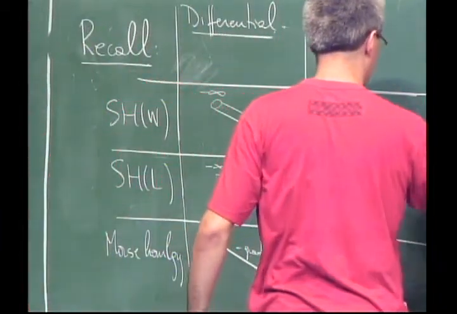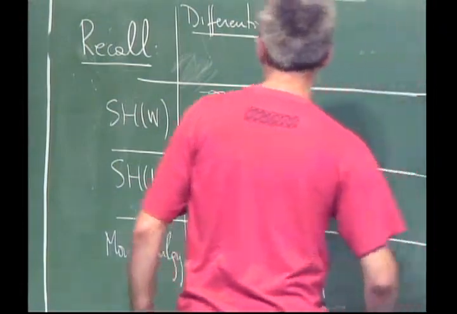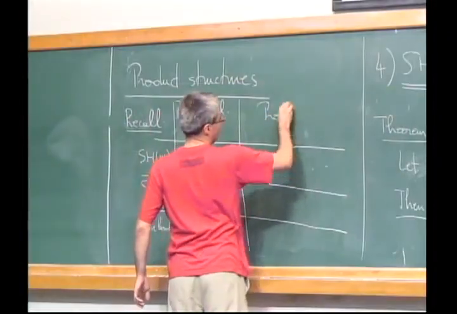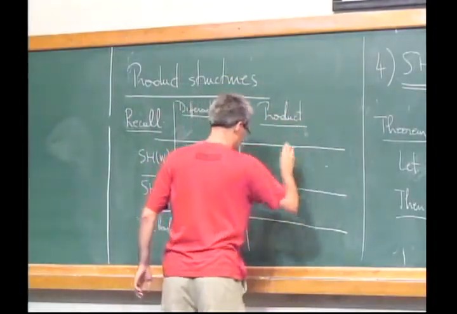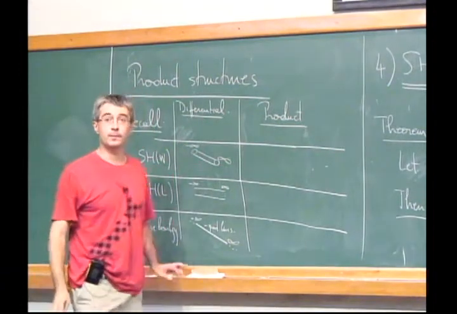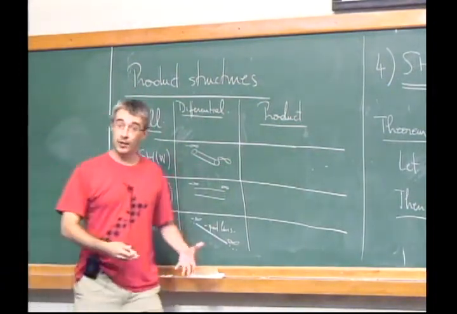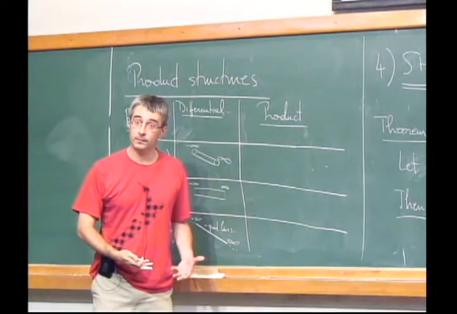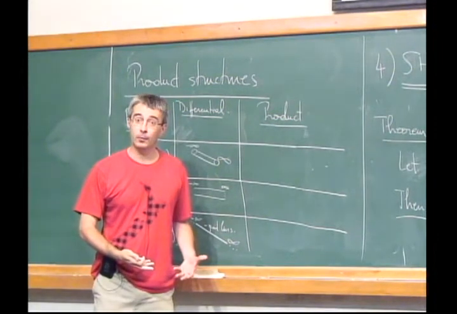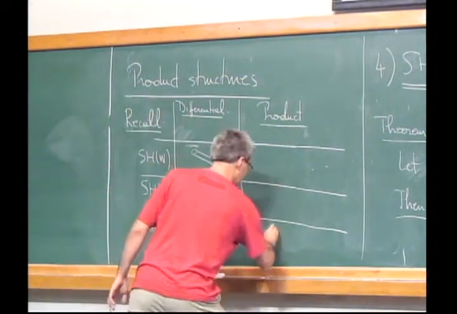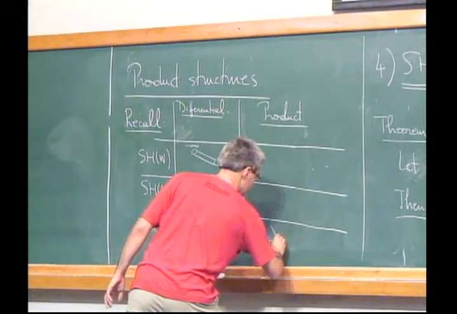So now what about the product? I claim that the product for Morse homology, which should recover the cap product in homology, is defined by counting such objects.